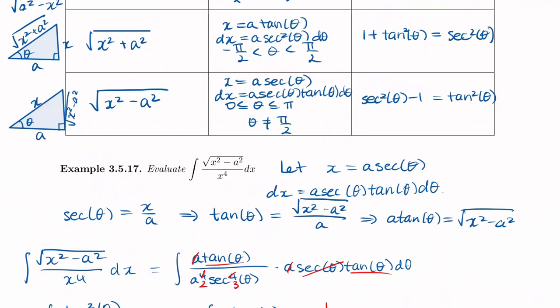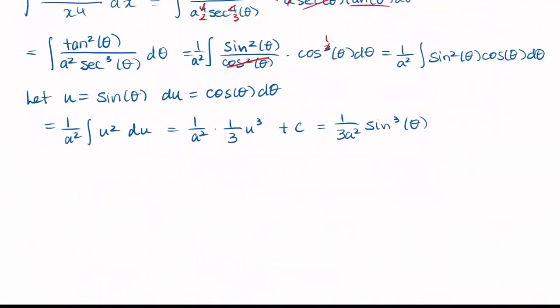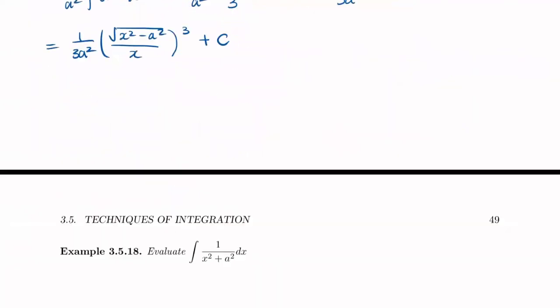So we could substitute sine here, so we have 1 divided by 3a squared, multiplied by the square root of x squared minus a squared, divided by x, all of this to the third power. And we are done with this problem, except add the plus c to the end.